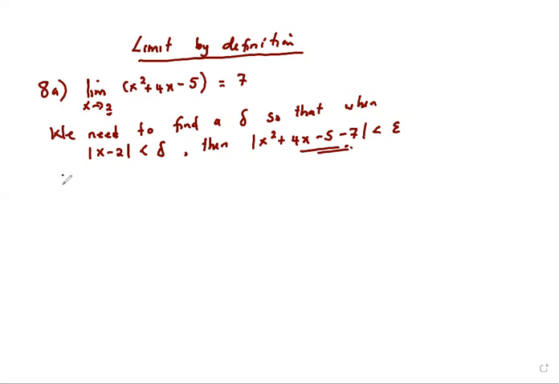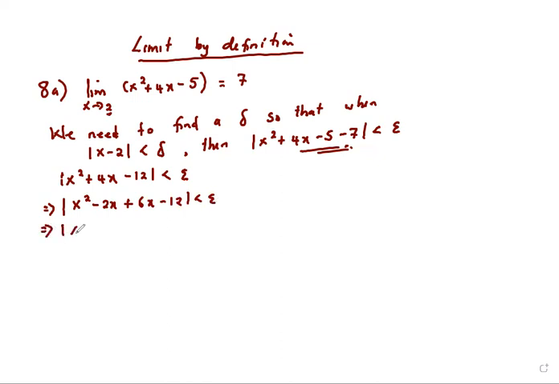So we get x squared plus 4x minus, that becomes minus 12, is less than epsilon. This is simply telling us that if we do the factorization, we can use 6 and 2. So we have x squared minus 2x plus 6x minus 12 is less than epsilon.